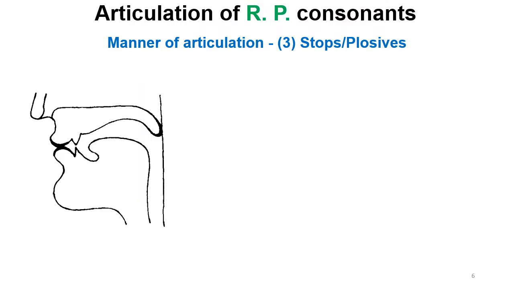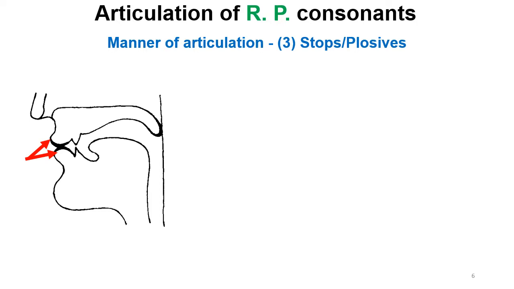When we produce a stop or a plosive, we obstruct the flow of air out of the mouth and the nose completely. We compress the air and then suddenly release it. We open the closure. And that's where we have a stop or a plosive, which is the manner of articulation. Where this happens, where we block the air completely, is both lips because they are pressed together to say p and b.